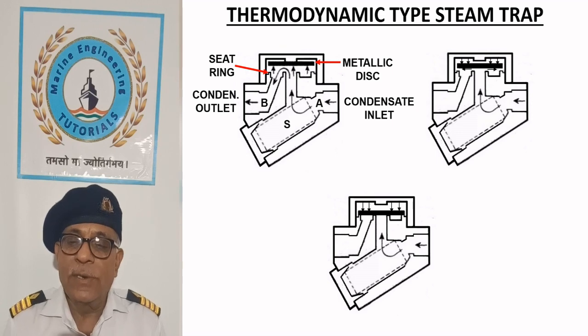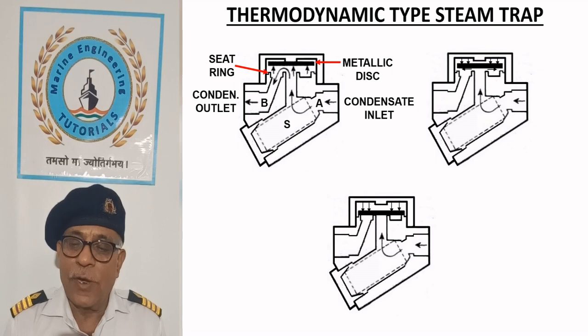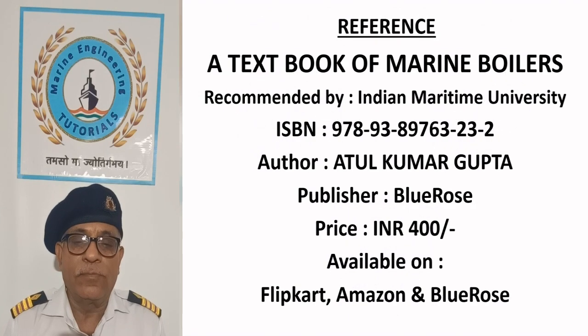In practice, the trap usually opens after every 15 to 25 seconds and the length of opening time depends on the amount of condensate to be discharged. If no condensate has been formed, then the trap snaps shut immediately. This completes the study of soot blower, reducing valve and steam traps.